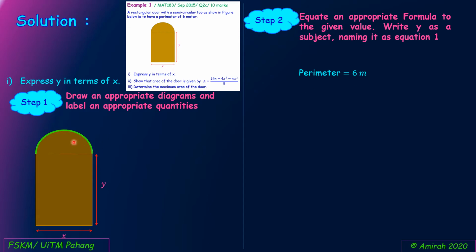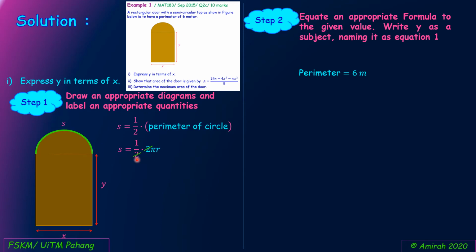From here, this is the arc length of the semicircle. Let's denote it as S. S equals half times the perimeter of one circle, and S equals half times 2 pi r, since the perimeter of a circle equals 2 pi r.